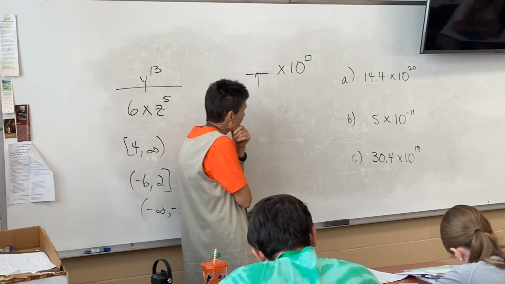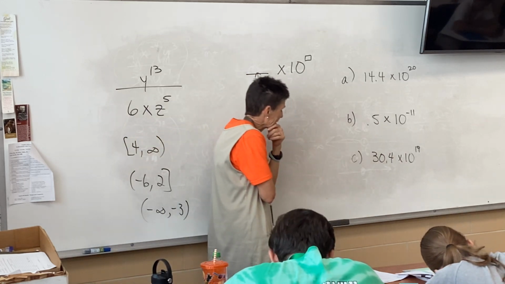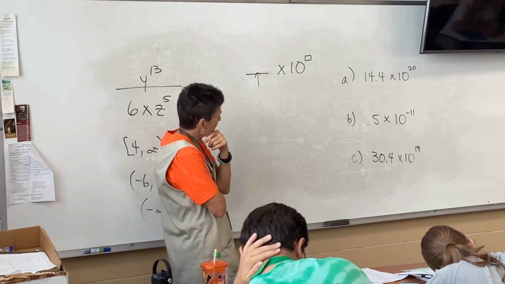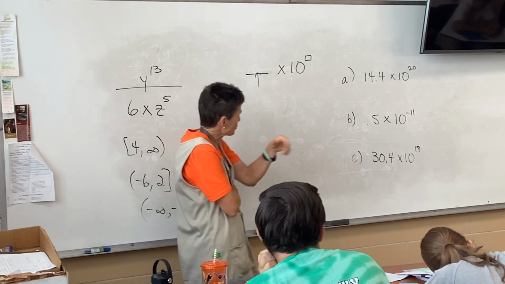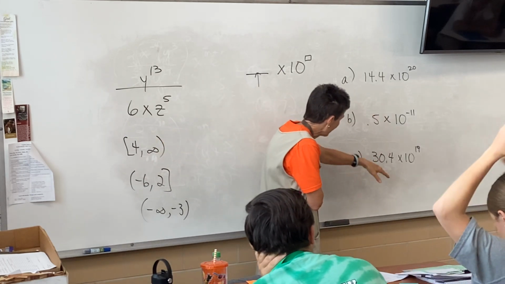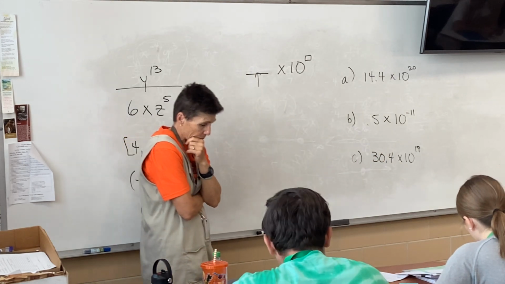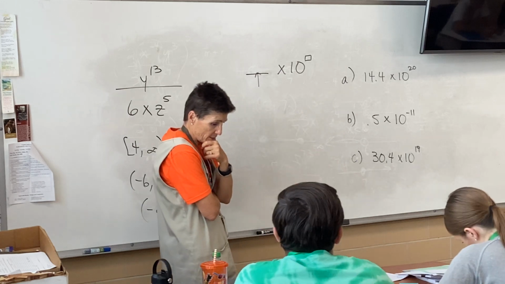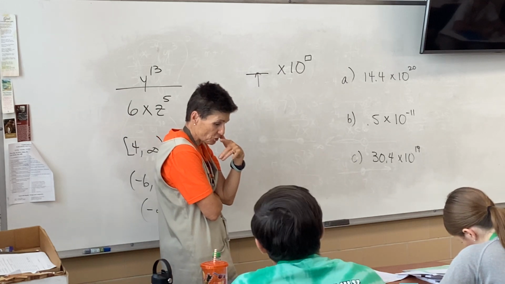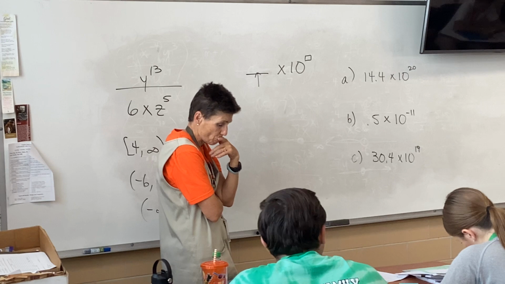I just put my first step up here. I want you to double check my first step and make sure that numbers like 14.4, 0.5, and 30.4 are right, and the right exponents for a first step. Remember, this is just my first step.